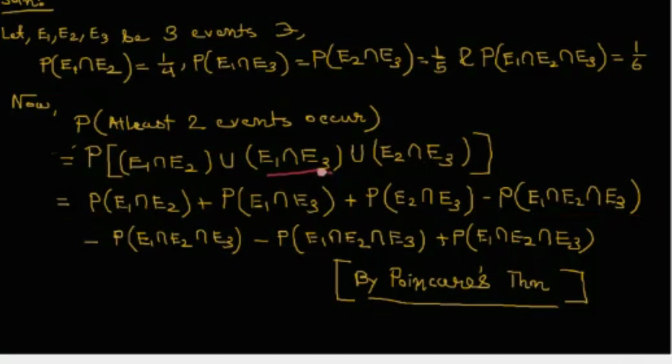Now we know that the probability of (E1 intersection E2) intersection (E1 intersection E3) is equal to the probability of E1 intersection E2 intersection E3. Again, the probability of (E1 intersection E3) intersection (E2 intersection E3) is the probability of E1 intersection E2 intersection E3, and again the probability of (E1 intersection E2) intersection (E2 intersection E3) is again the probability of E1 intersection E2 intersection E3. Plus, from the formula of Poincare theorem, we get plus the probability of E1 intersection E2 intersection E3. This is the whole formula of Poincare theorem that we know.